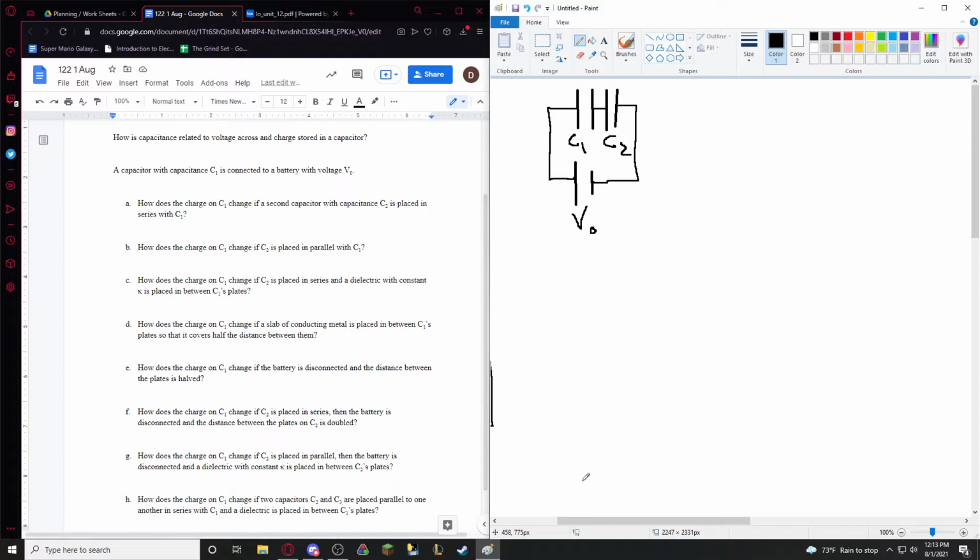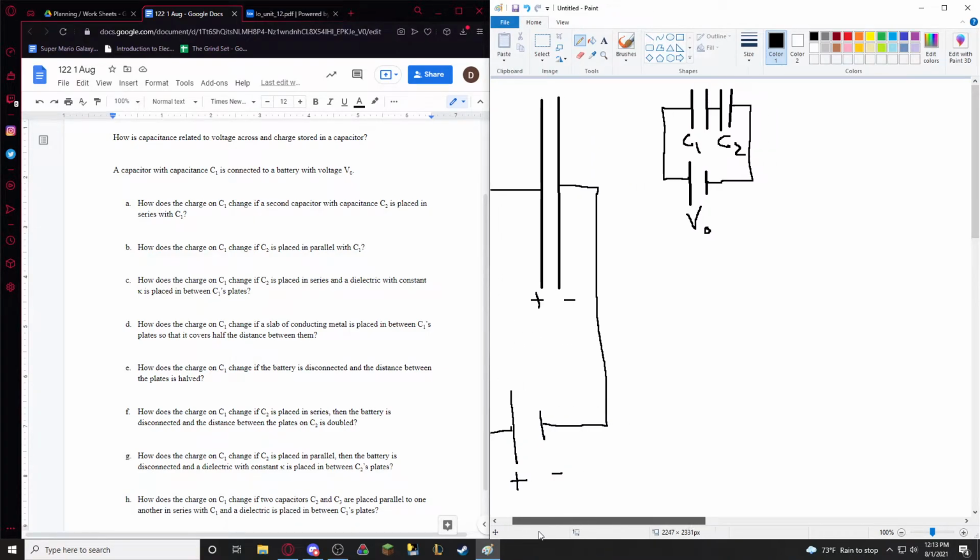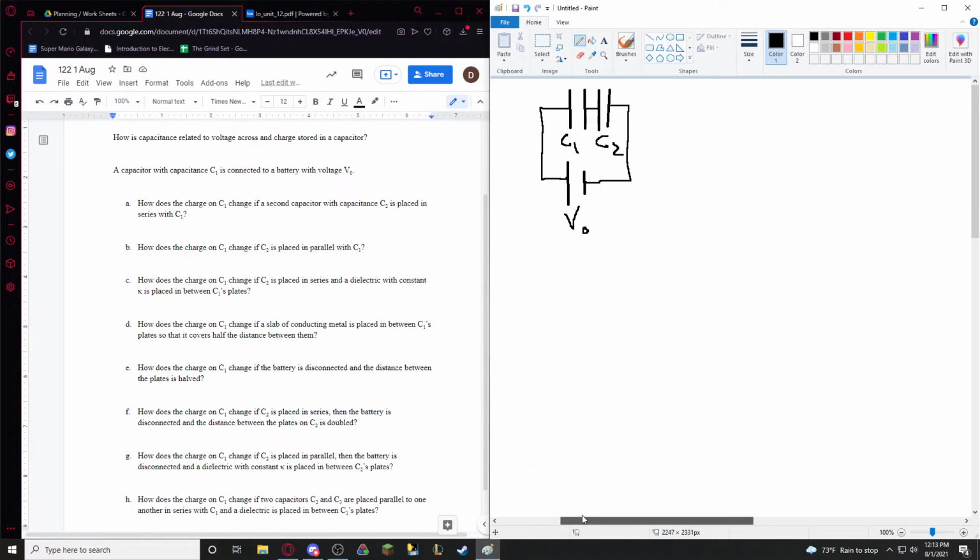Because it's equivalent to one capacitor. We're talking about just the charge specifically on C1 itself.